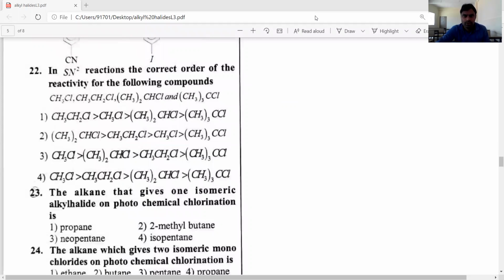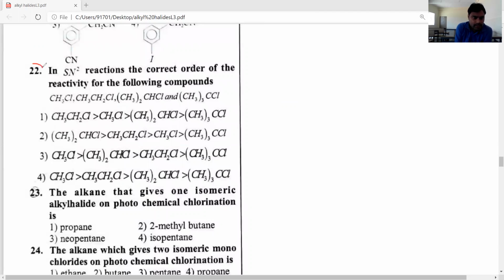Question 22. They asked the SN2 reactivity order. SN2 reactivity we know very well. Primary alkyl halides are more reactive than secondary and then tertiary. So among that, this is primary, secondary, tertiary, and methyl chloride.